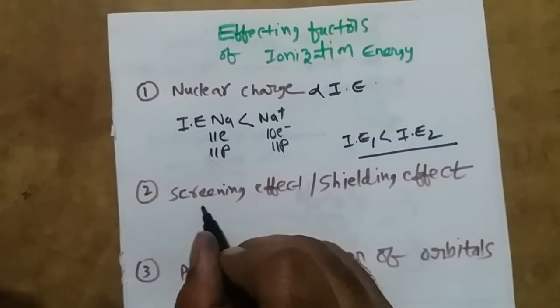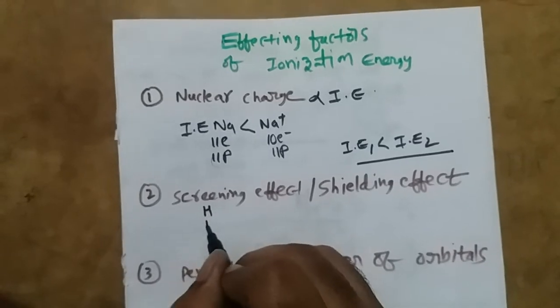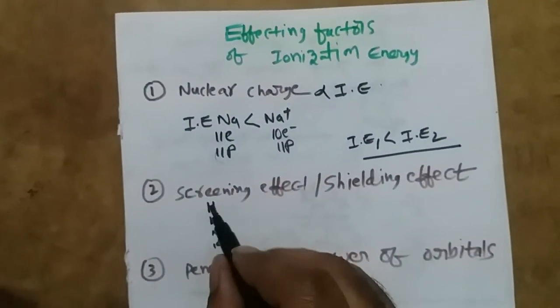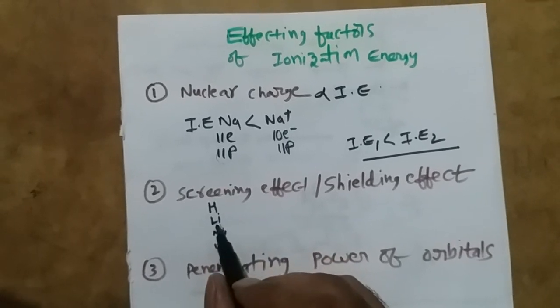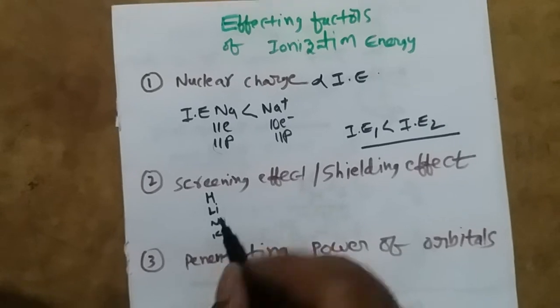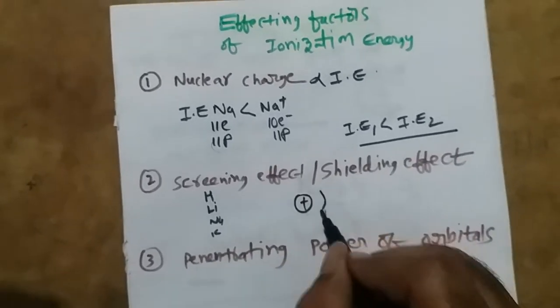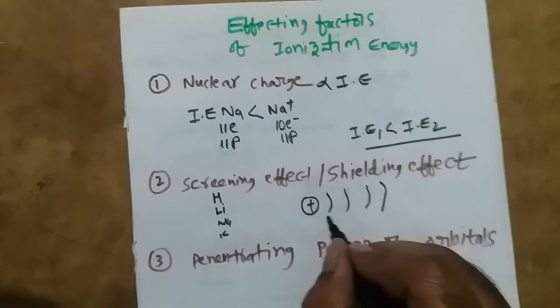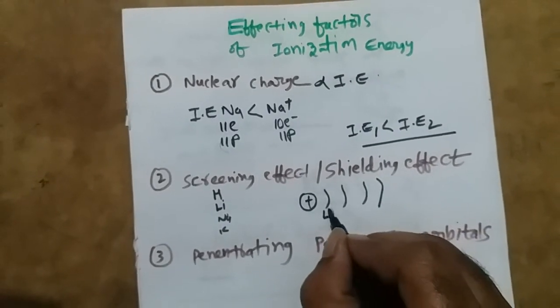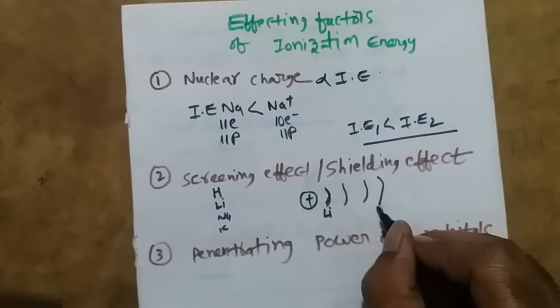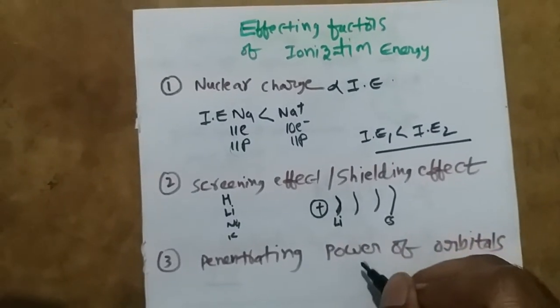For example, if you observe the first group, hydrogen, lithium, sodium, potassium, as we move from top to bottom in a group, the number of main shells increases. Take the outermost shell of lithium and the outermost shell of cesium.